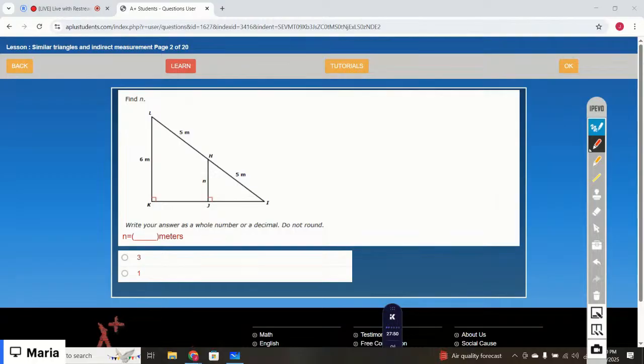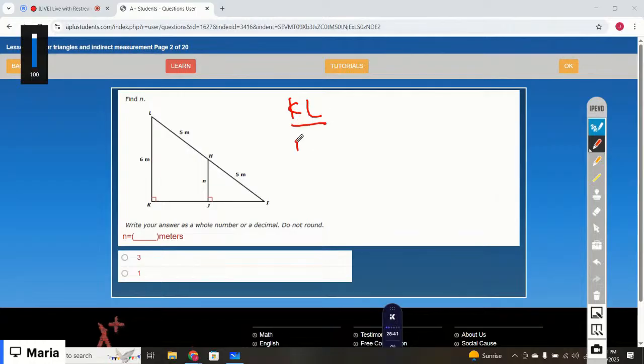So let's just form a ratio between the similar sides. Let's just form a proportion between similar sides.